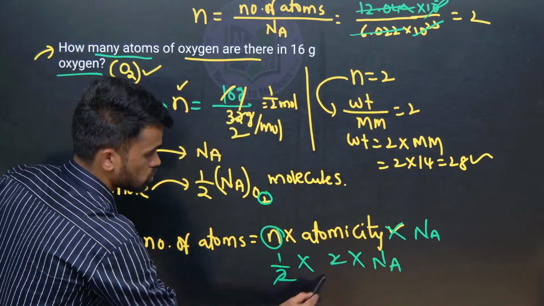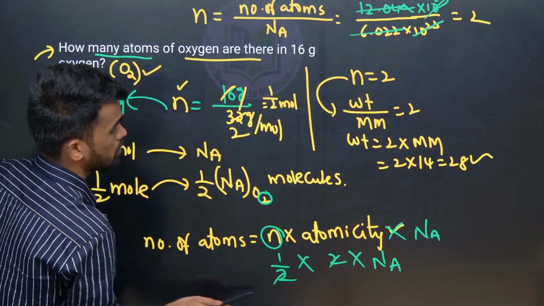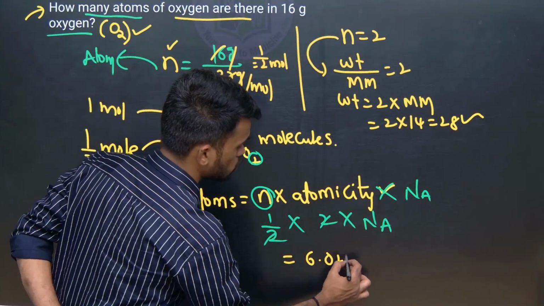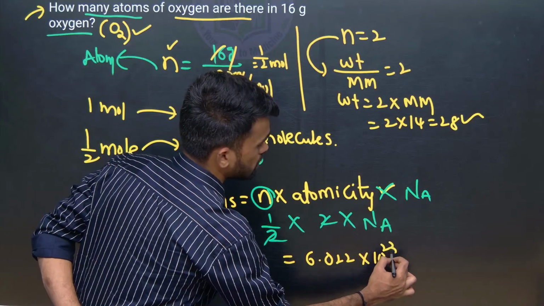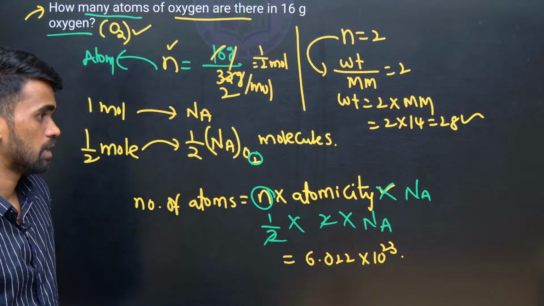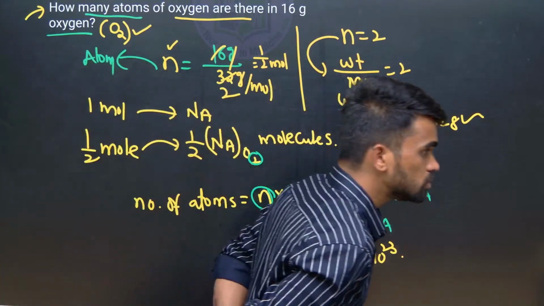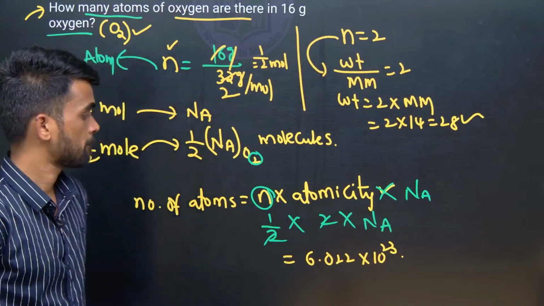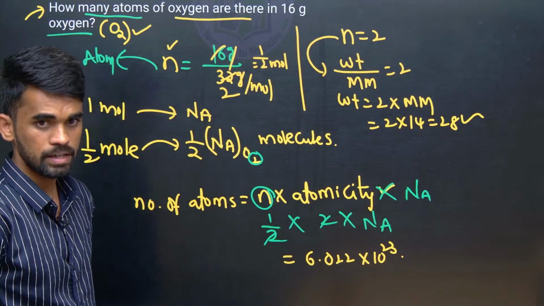So these two get cancelled. So finally we are remaining with Na. Na means what? 6.022 into 10 power 23. Hope it is also clear now. Any confusion is there here? No. Let's move further.